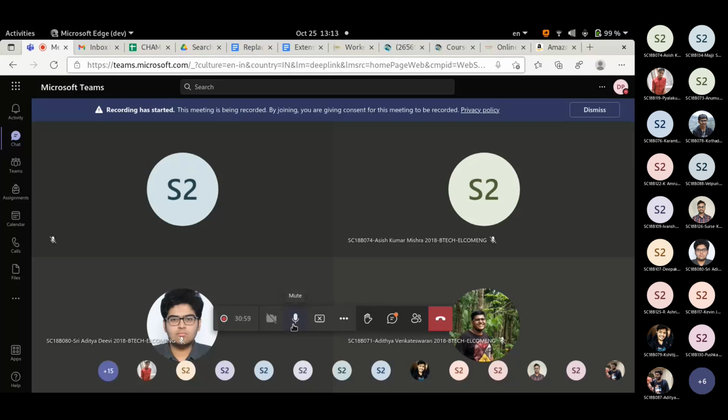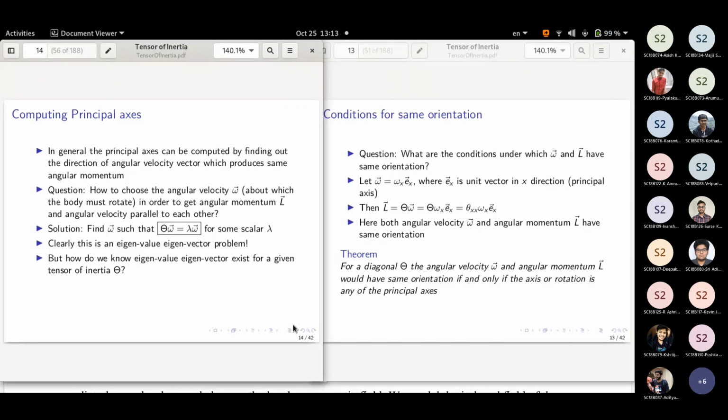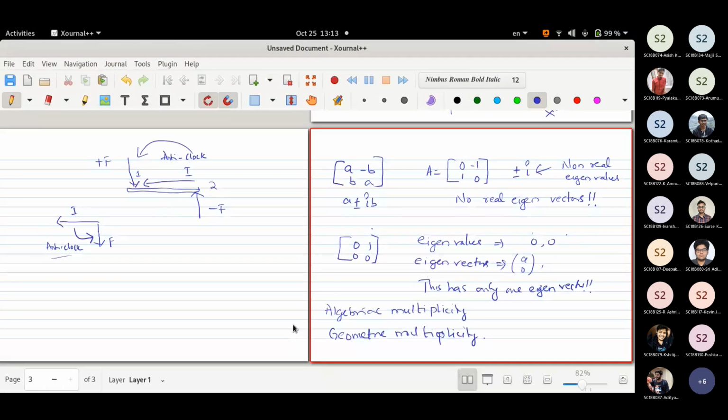Sorry, I'm back. So I think we were discussing this thing. There is something called algebraic multiplicity and geometric multiplicity. Every eigenvalue need not have an eigenvector. It will depend on certain properties.